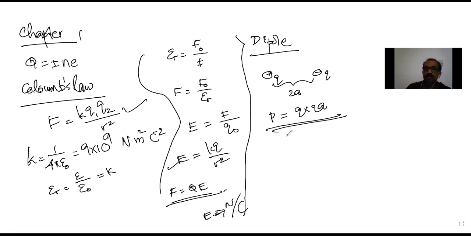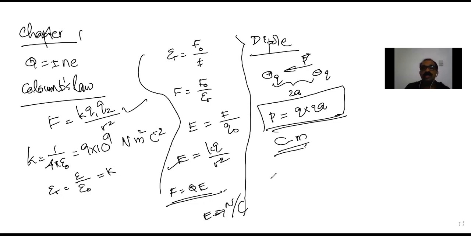So the unit of dipole moment is Coulomb meter. Dipole moment is a vector quantity whose direction is from negative to positive. The equation for dipole moment is p is equal to q into 2a. It's a vector quantity and its unit is Coulomb meter.